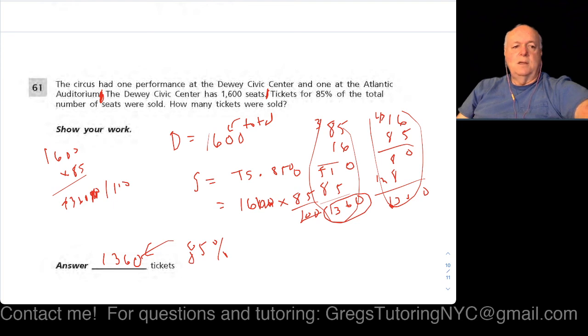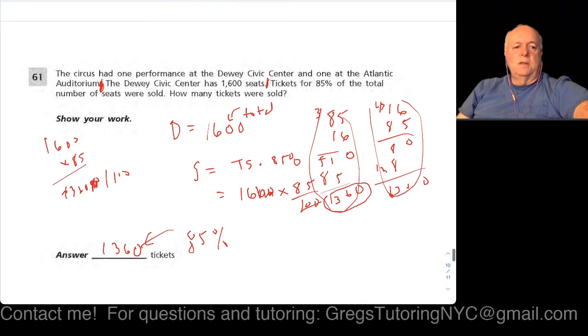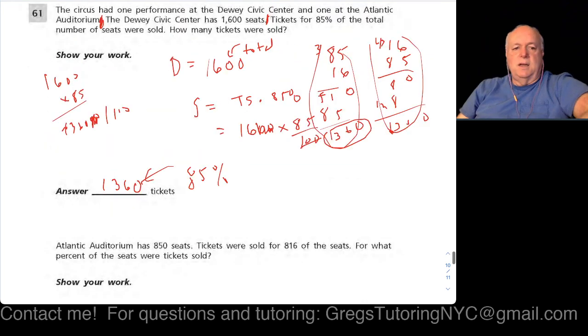Okay, the next thing, there's a part 2 to this, I believe. Yes, so the Atlantic Auditorium has 850 seats. Let me change the color for that so that we can use the space here without me scrolling off the page. So the Atlantic has 850 seats.